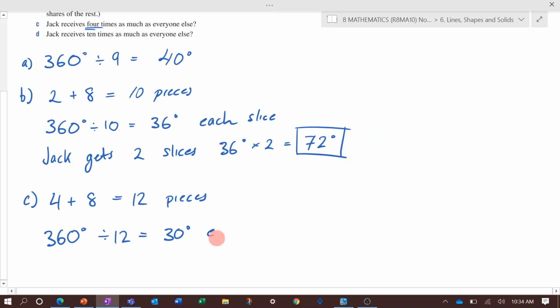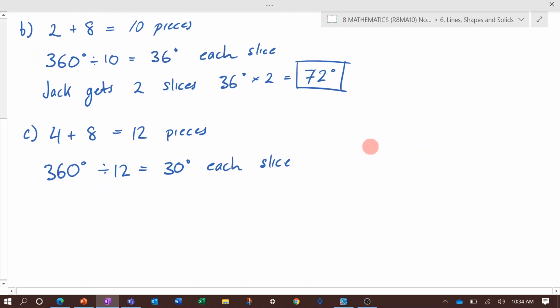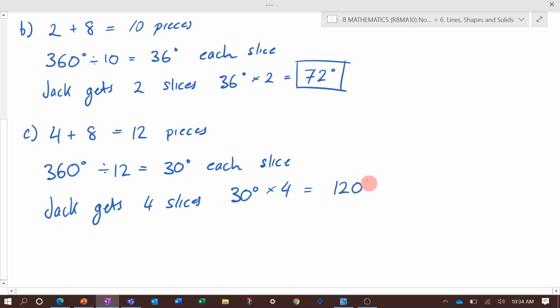So that's 30 degrees for each slice. Now we know that Jack is going to receive 4 times as much, so let me write down, Jack gets 4 slices. So we're going to go 30 degrees times 4, it's going to be 120 degrees.